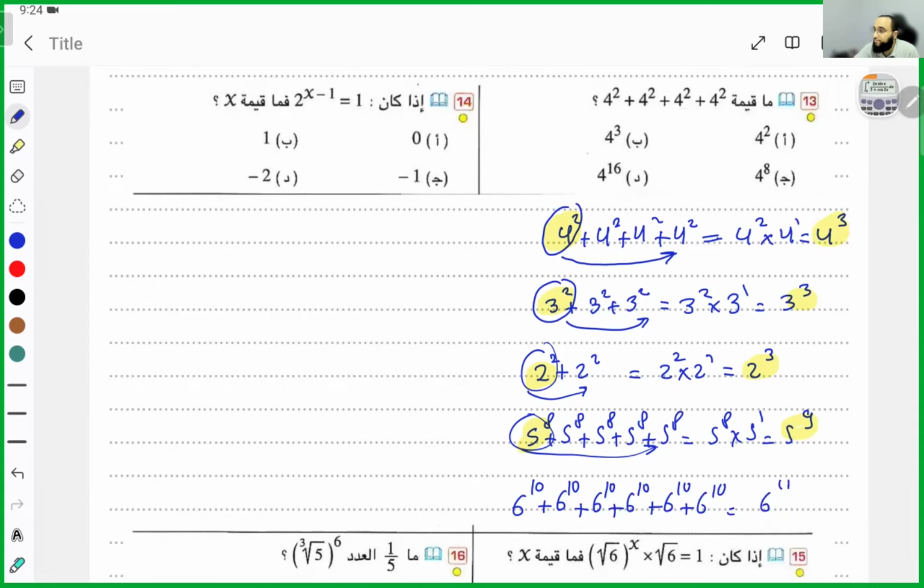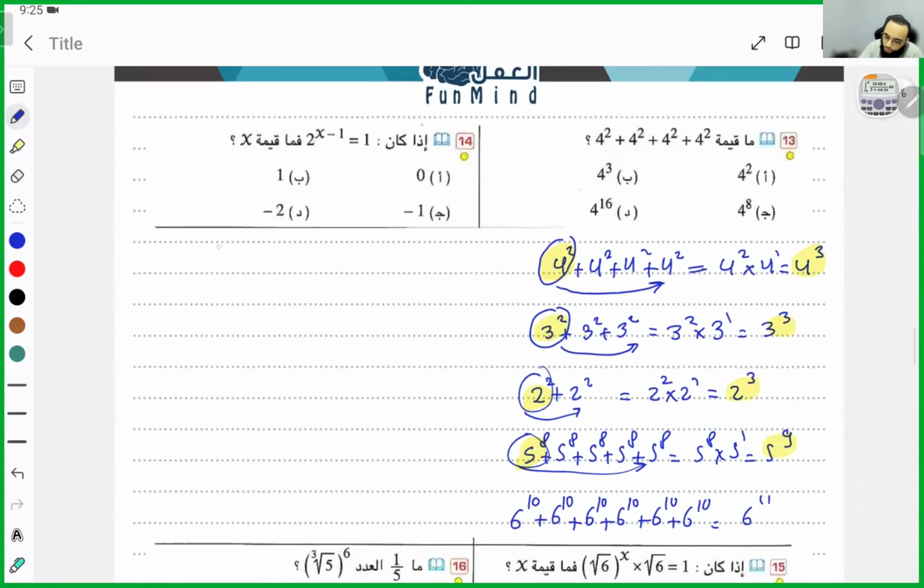Only that. That's it. So if it is 2 to the power of x minus 1 equals 1, then it's 2 to the power of x times 2 to the power of negative 1 equals 1. Then 2 to the power of x times 1 over 2 equals 1. Then 2 to the power of x equals 1 divided by 1 over 2, which is 1 times 2, which is 2.